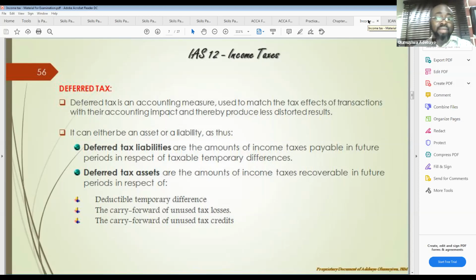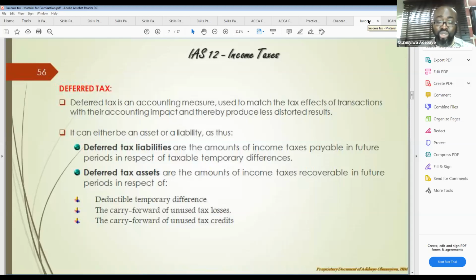And if we go by the matching concept, the matching concept states that at every accounting period, we must appropriately match income and expense, so that for every income, all associated expenses must be recognized in the same period. And that's why you find that matching concept and accrual concept go hand in hand.